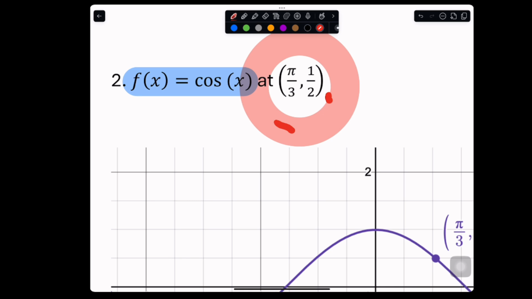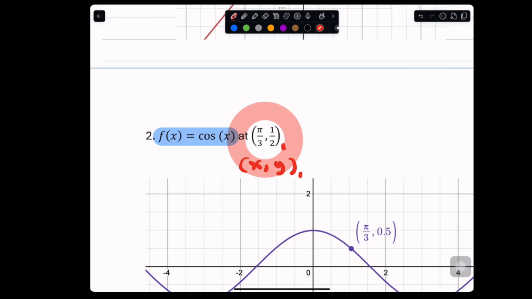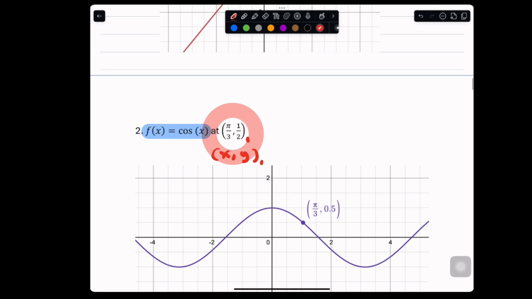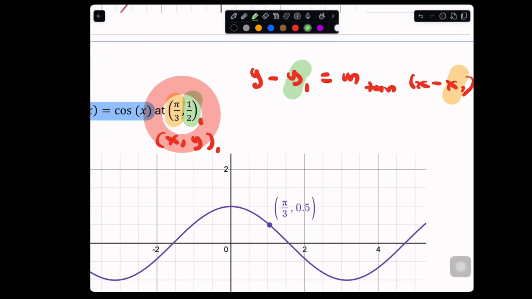Okay, so here's the x-coordinate, the y-coordinate for your one and only point. I would say go back to that equation. Y minus y1 is m tangent times x minus x1. And so the x-coordinate goes here. And the y-coordinate goes where? Here.